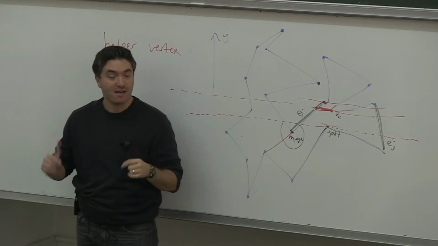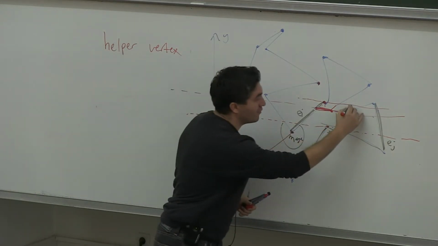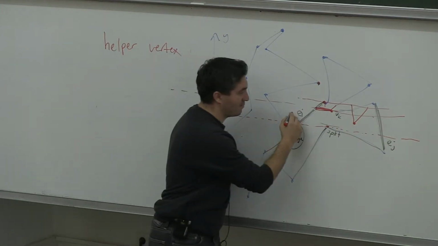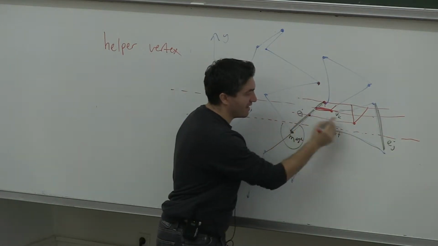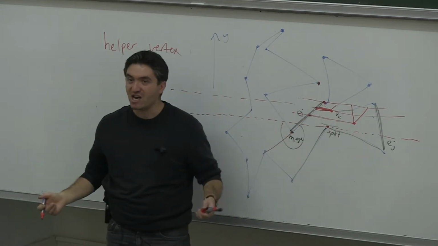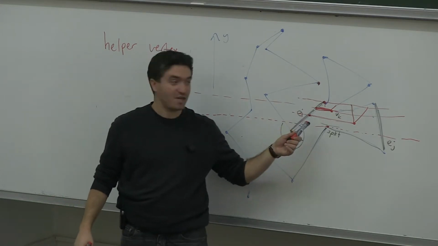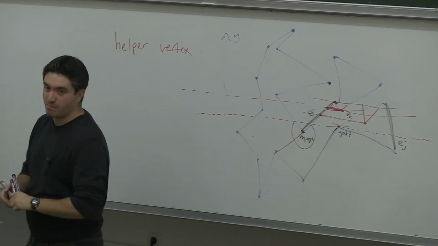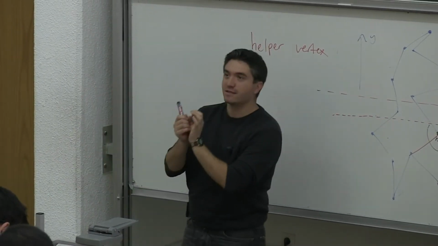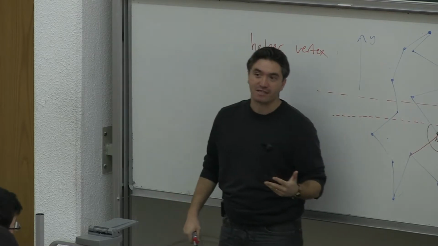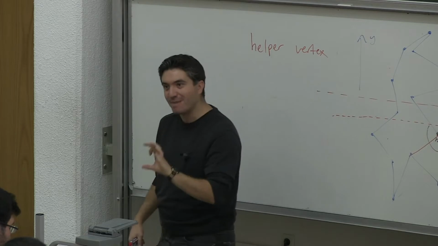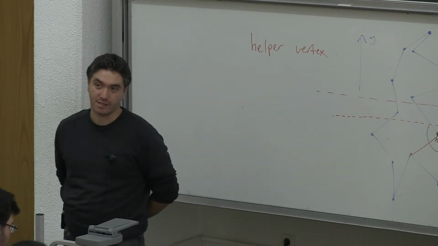So dynamically, for example, when there's a new vertex here, and at some point this EI becomes the left neighbor of this new vertex on the sweep line, I again update the helper vertex of EI to be this one. So at each event point, I correctly maintain the list of edges that intersect the sweep line, and for each of these edges, I correctly maintain their helper vertices.